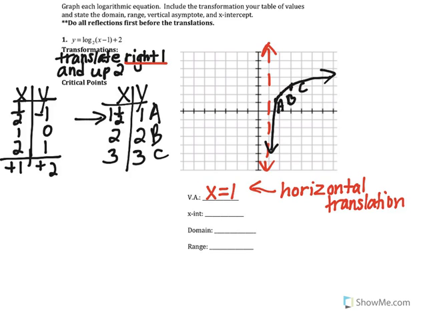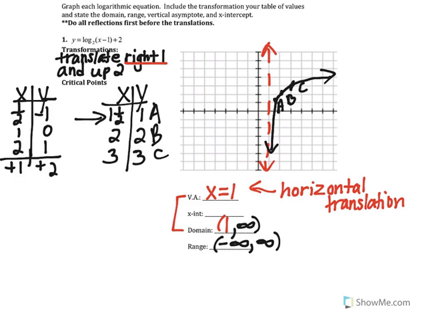A little hard for me to label on here, even with my little pen, so do the best you can with seeing that. Our domain is going to be 1 to infinity. You can wait until you graph it to see that. Again, that's going to match up with the asymptote, like the horizontal asymptote and the range matched up last time, and negative infinity to infinity for the range.